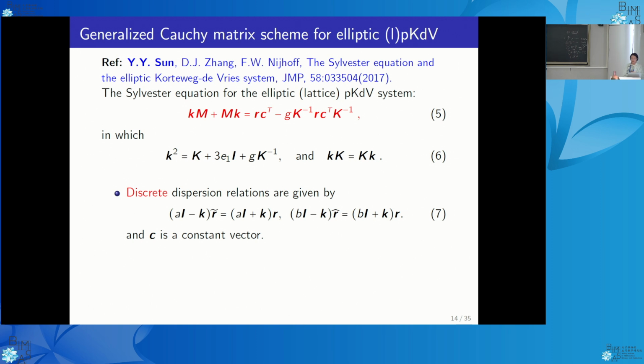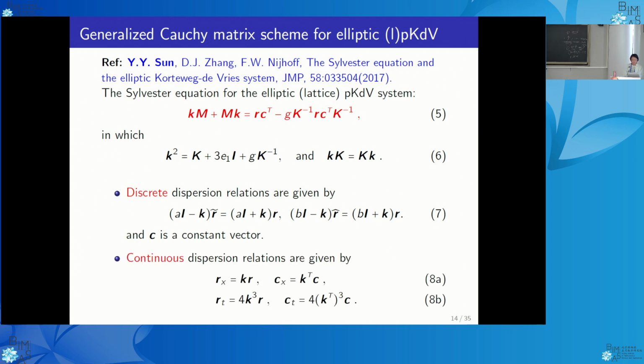Here C is regarded as a constant vector, so we only impose the dispersion relation on R. We also consider the continuous elliptic potential KdV system by considering the continuous dispersion relations, which are given by formula 8. So we can now see the independent variables x and t in this system.